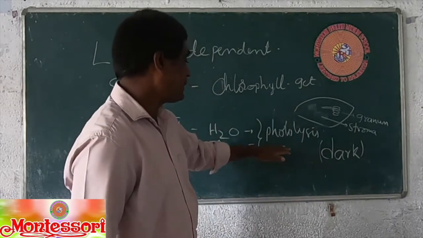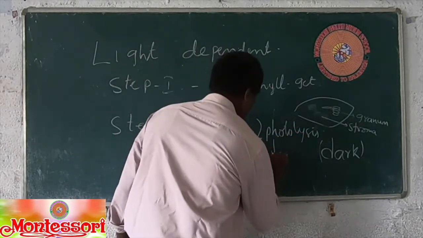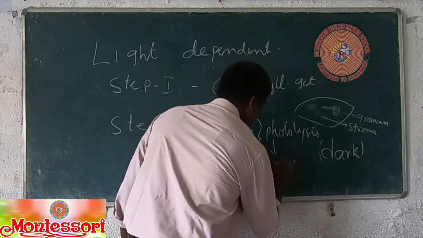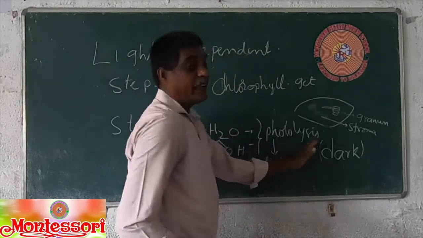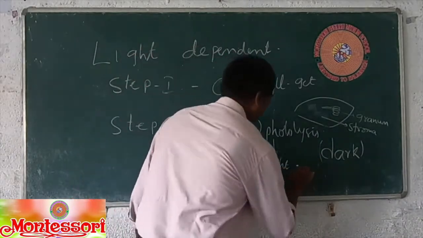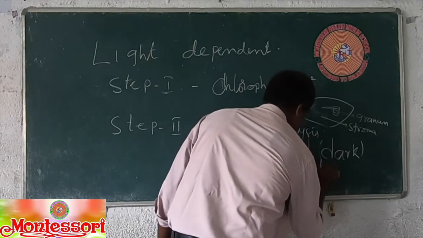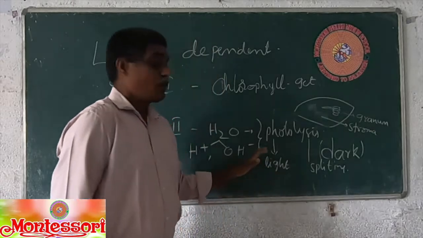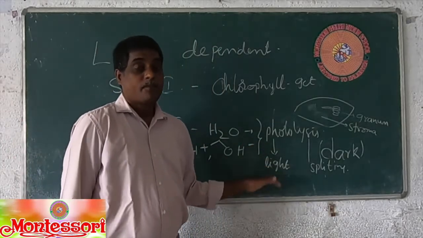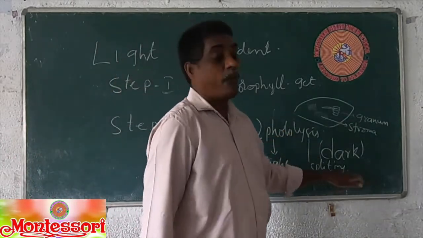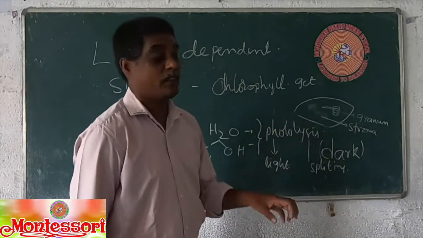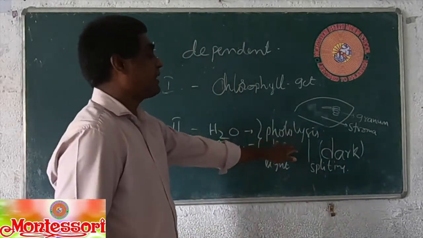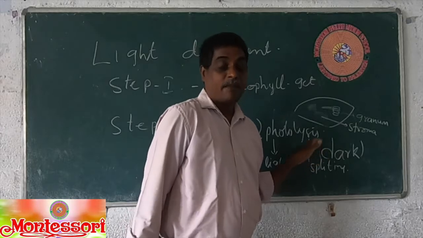Photolysis means photo means light, lysis means splitting. So by using light, the splitting of the water molecule happens. That's why this reaction is called photolysis.